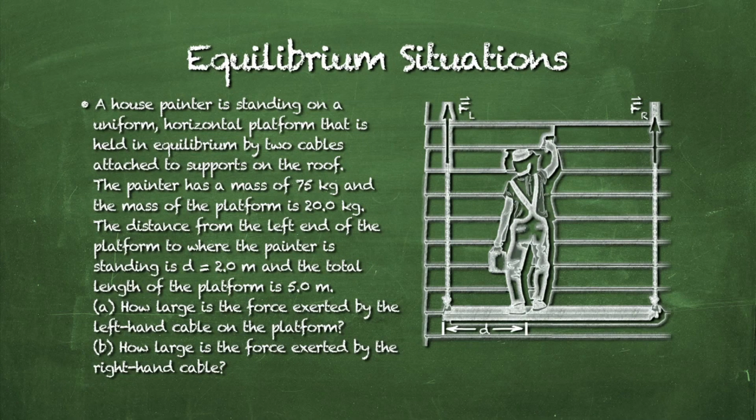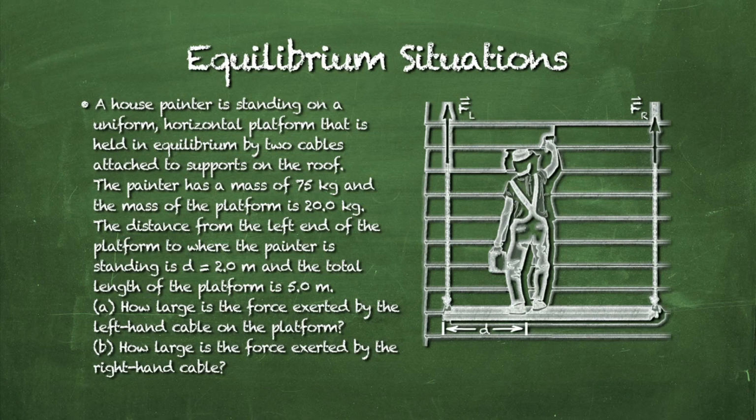And we have two questions. How large is the force that the left-hand cable exerts on the platform? And how large is the force that the right-hand cable exerts on the platform? Or in other words, what is the tension in the two cables?